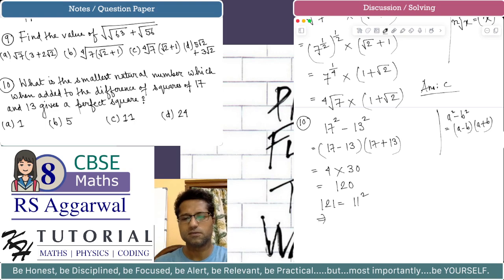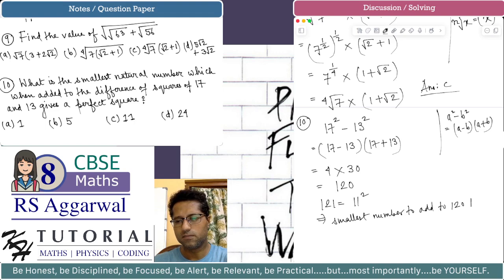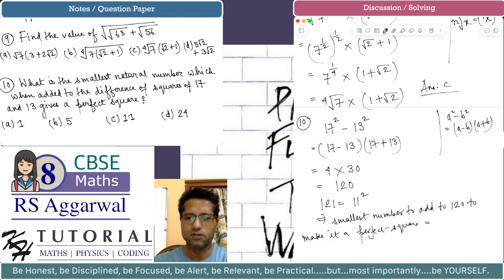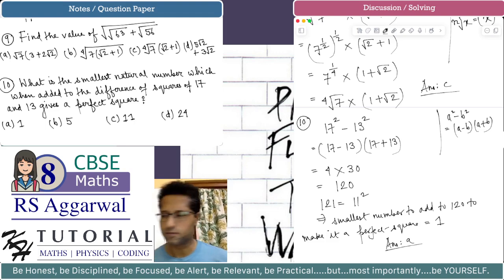So this implies the smallest number to add to 120 to make it a perfect square is definitely equal to 1. So the correct choice is A. A is the correct choice.